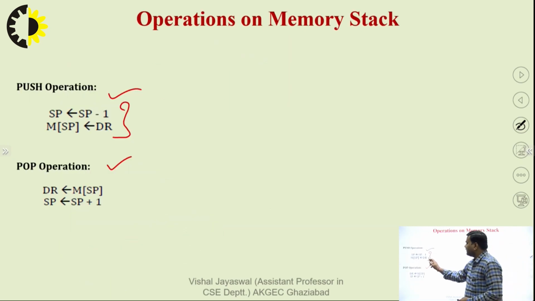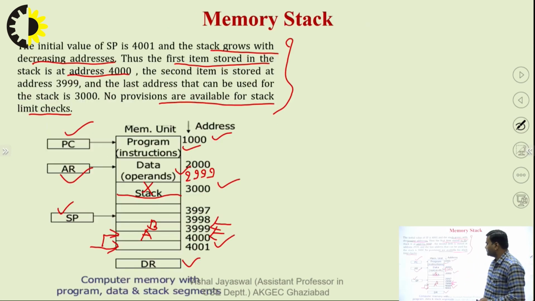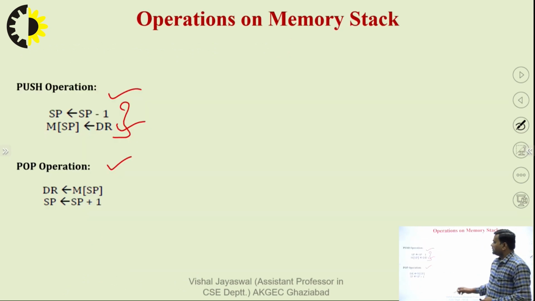Then the content of DR is transferred into M of SP. Let's suppose A is in the DR register, then A is transferred to the 4000 location. This is how the push operation is performed.